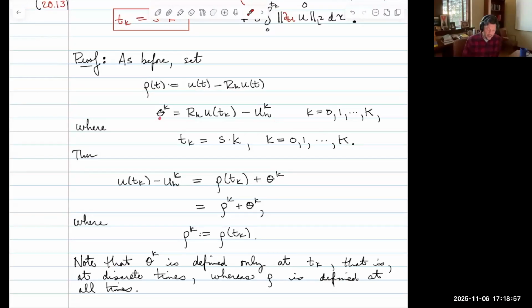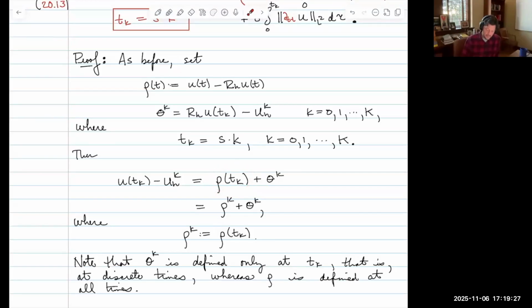Now, theta^k I'm only going to define at the discrete time instances t_k. So it's going to be R_h u(t_k) minus U_h^k, the fully discrete finite element solution. Then I can show that my error at these discrete times t_k is equal to rho of t_k plus theta^k, which I can define.